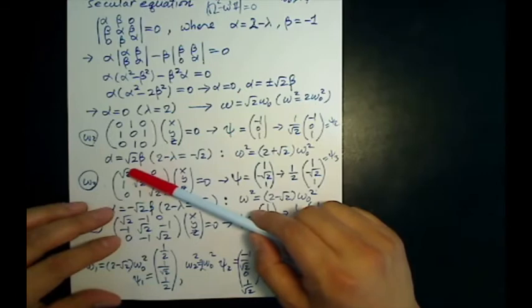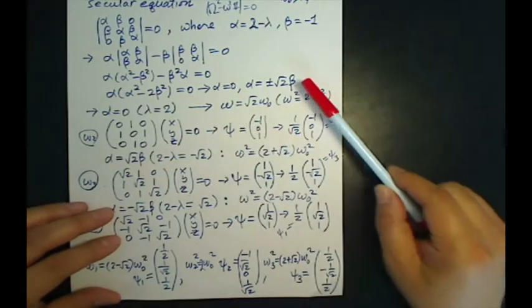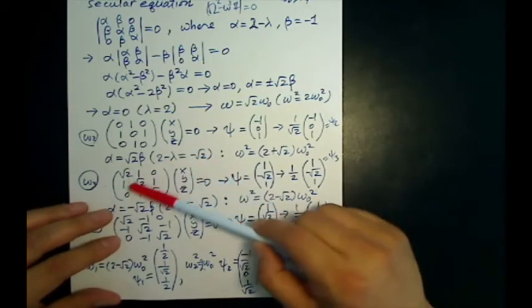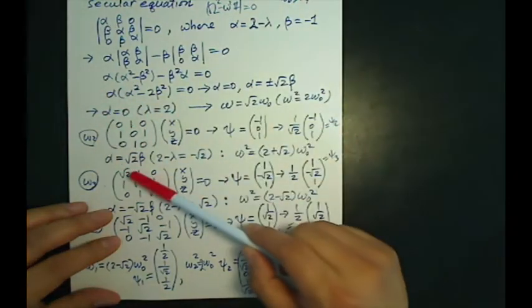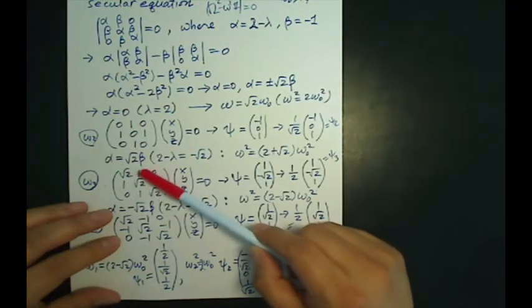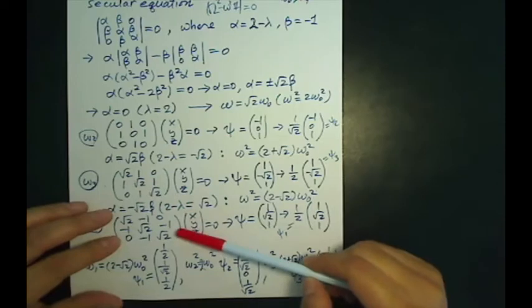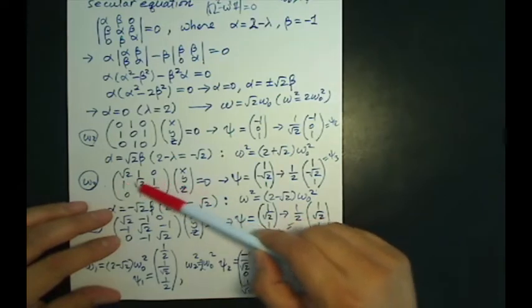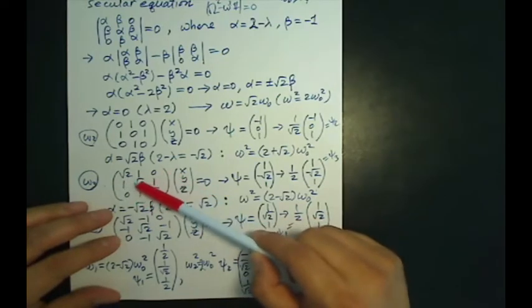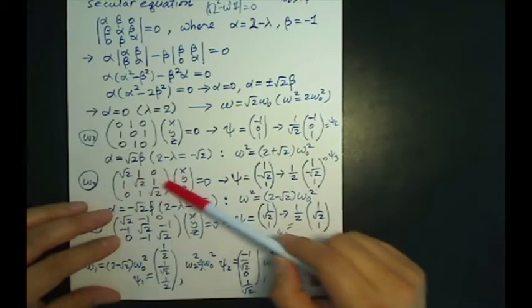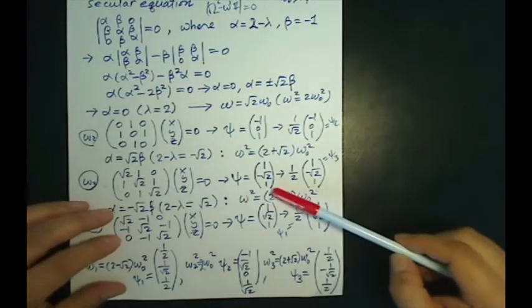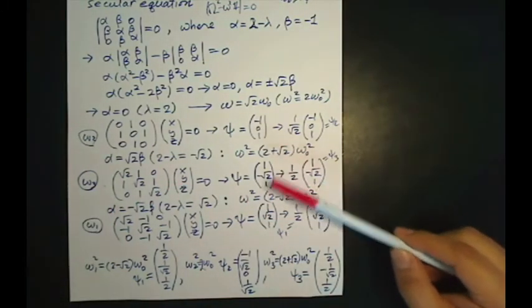Second, we consider the case alpha equals square root of 2 beta. If alpha equals square root of 2 beta, then if we substitute this value in here, we have square root of 2 in the diagonal pieces, and these two elements are 1. Simple calculation can be made. If I multiply 1, 1, and square root of 2 with an opposite sign, then it is orthogonal to this matrix, the row vector. So, simplest answer will be this. And if I square this, we find 4.